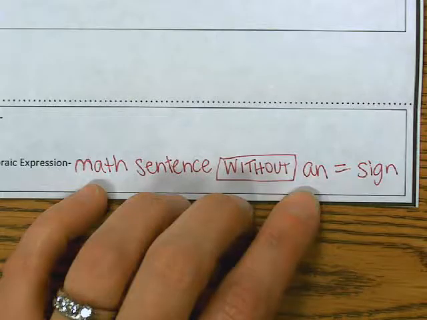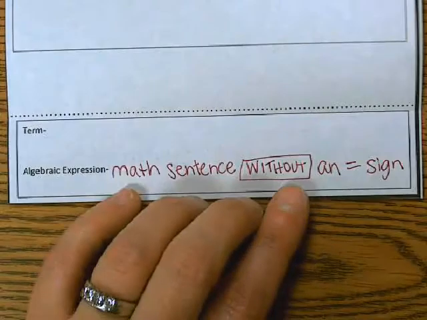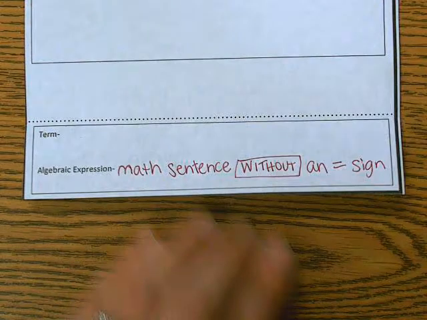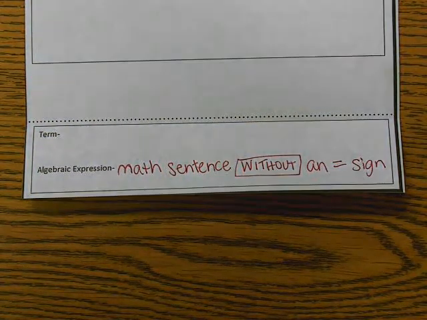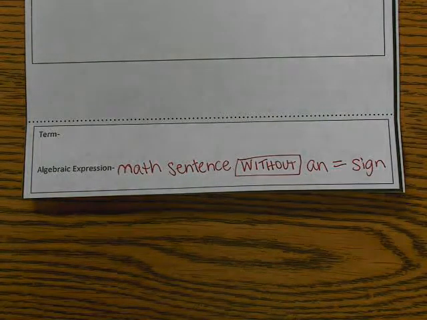So a math sentence without an equal sign. That's an algebraic expression, okay? So it's an expression if it doesn't have an equal sign. That's all we got to know.